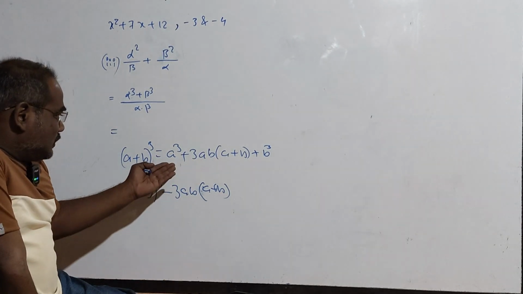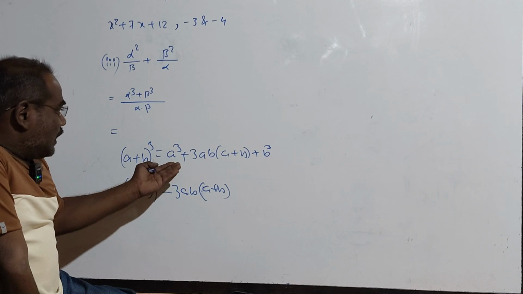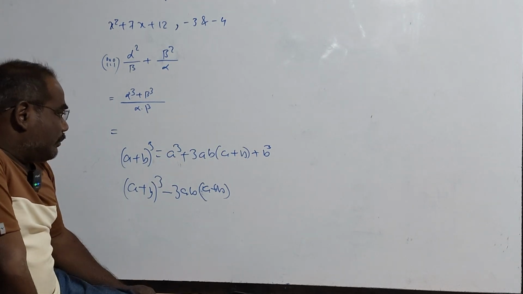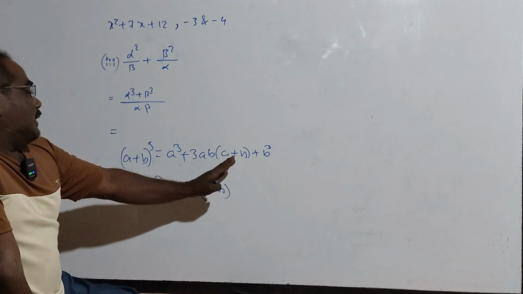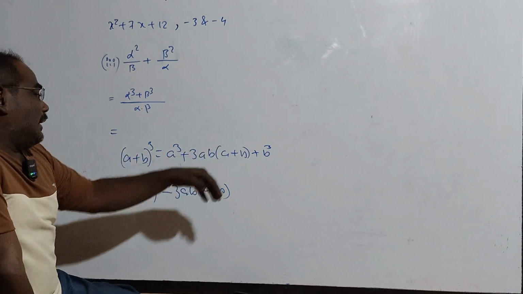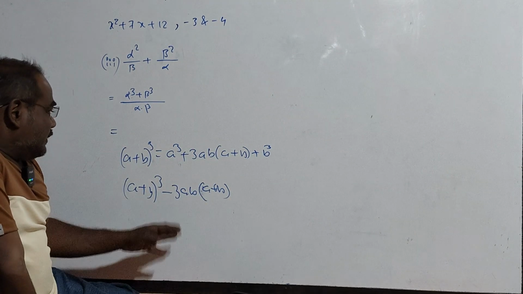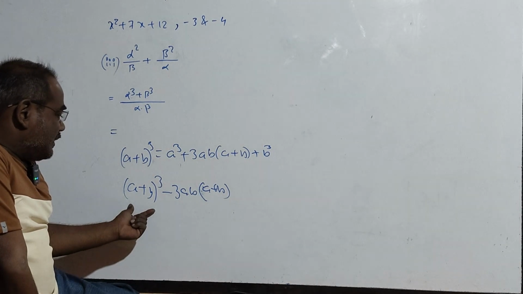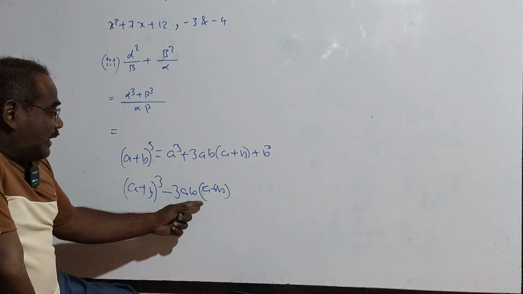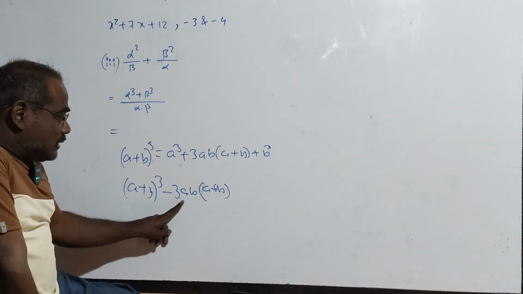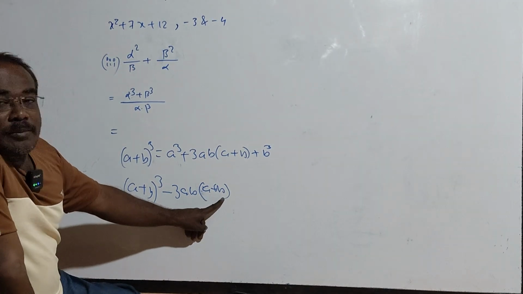It is easy, no? So what do we want? Alpha cube plus beta cube. So then transfer everything else to the RHS side, and it will become like this: a plus b whole cube minus 3ab into a plus b. See, this is sum of roots, this is product of roots, this is sum of roots.